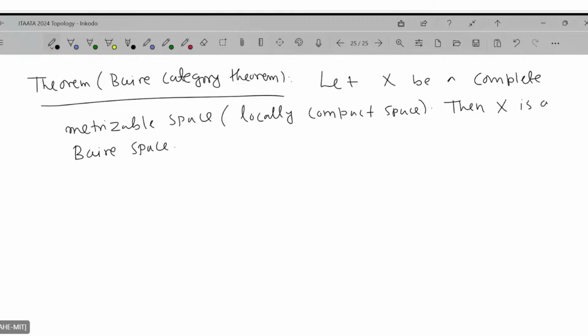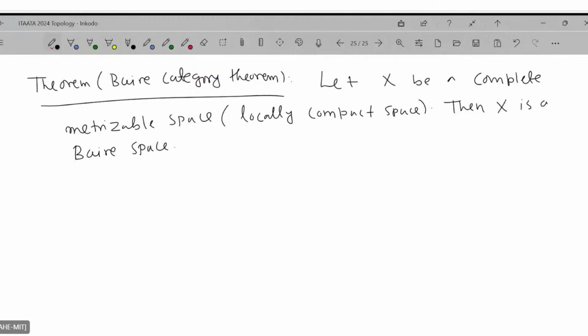So any complete metric space is a Baire space. But the converse is not true. There are some examples, like the Gaussian space, which is a Baire space but not a complete metric space. And you don't even need such a great example. Consider a topological space which is locally compact.